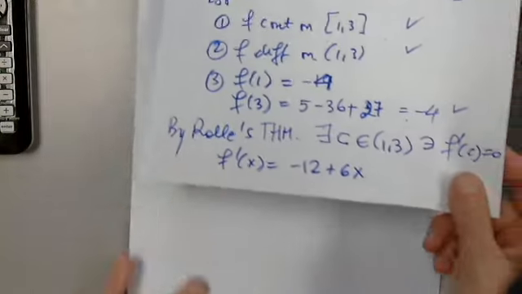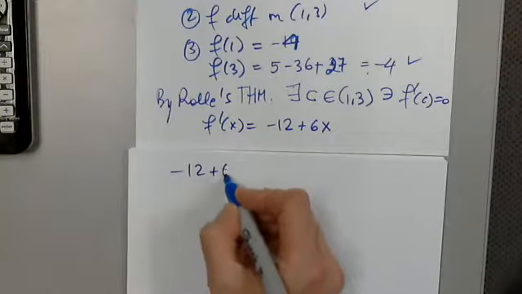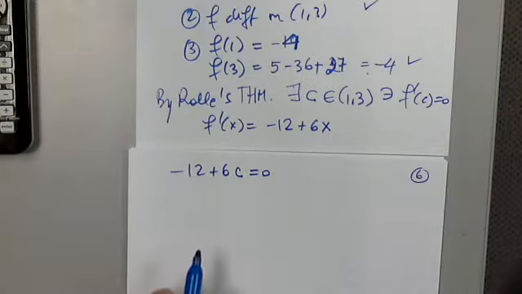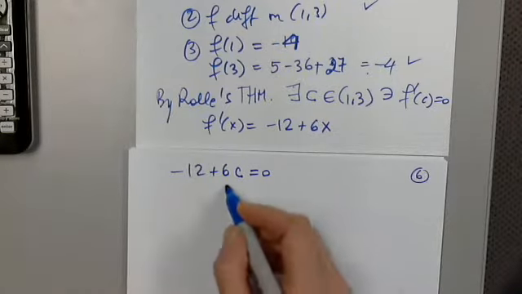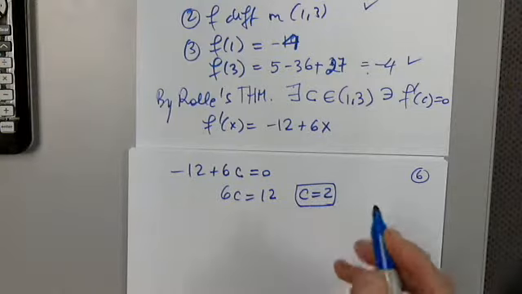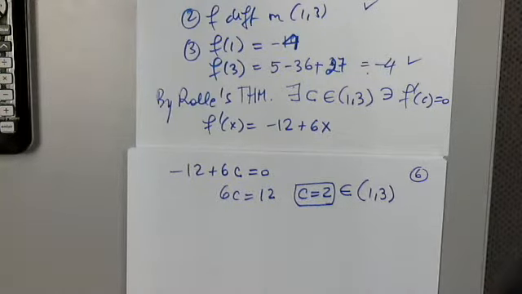Then I write f prime of c, which is negative 12 plus 6c equals 0, or 6c equals 12, or c equals 2. Is this a number in the interval (1, 3)? Because if it isn't, then something is wrong. Yes, it is.